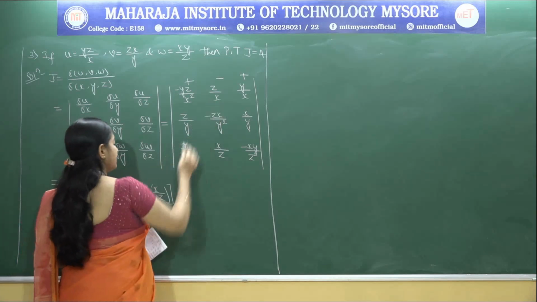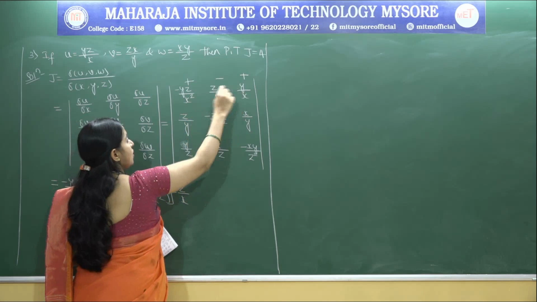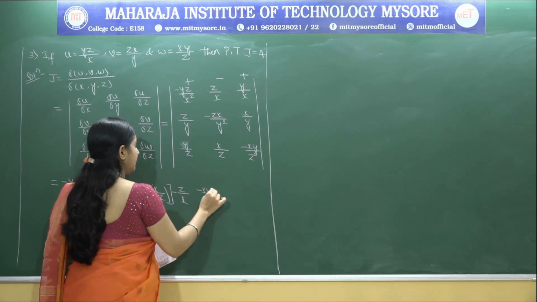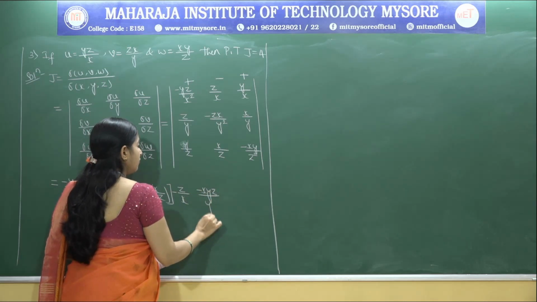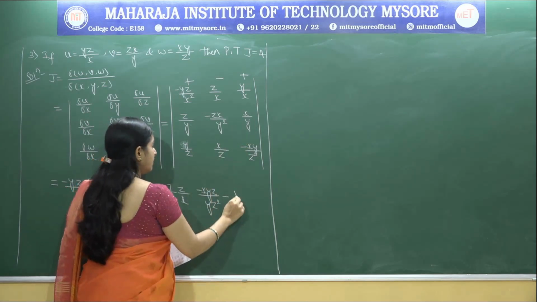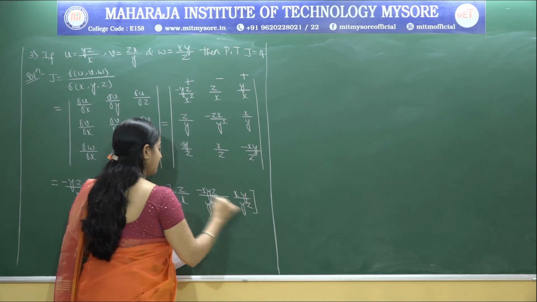Similarly, the second part is minus z divided by x. Delete this row and column, take the determinant. So just cross multiply this: minus xyz divided by yz square, minus these two terms, xy divided by yz.